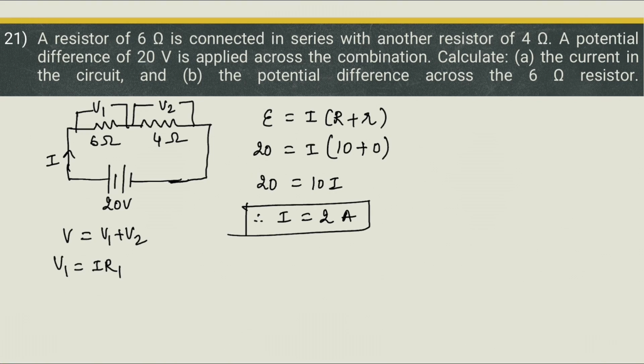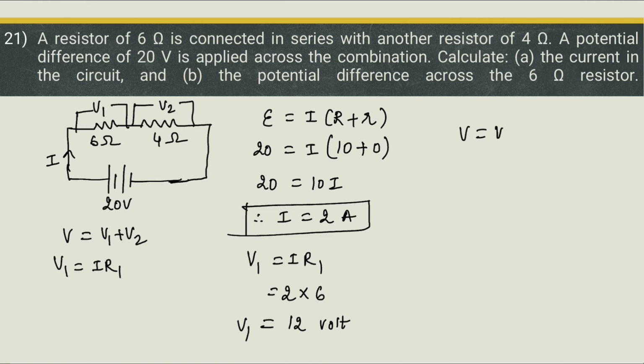Now we substitute the value of this current in the formula V1 is equal to IR1. Current is 2 ampere, resistance is 6 ohm, so potential difference becomes 12 volt. So potential difference across 6 ohm is 12 volt, right? So can we easily find out now what is PD across 4 ohm? Yes.